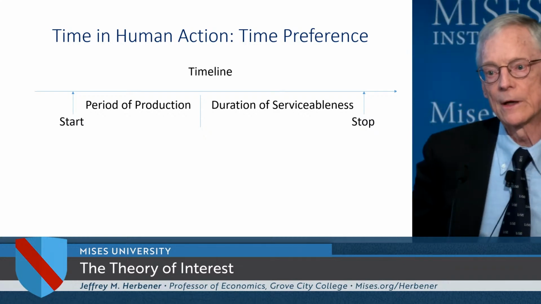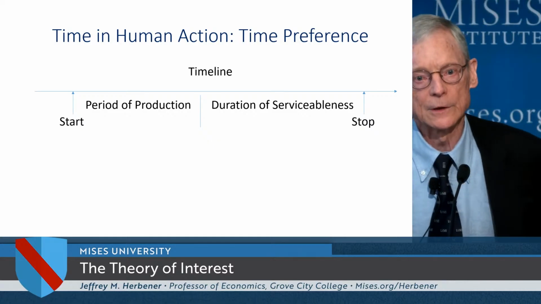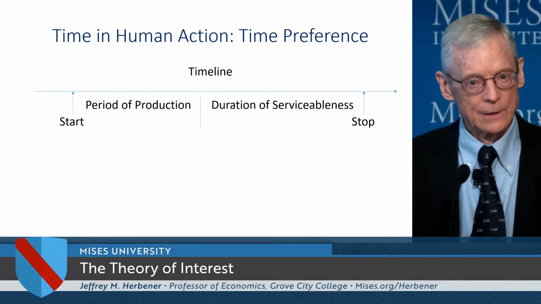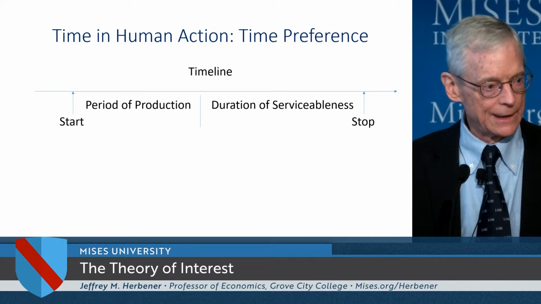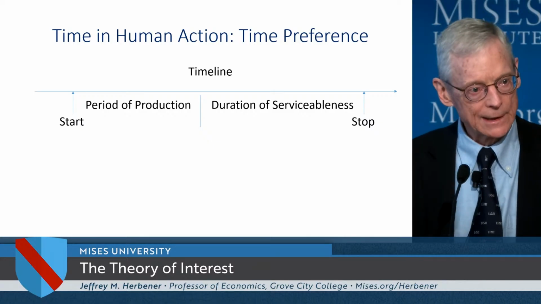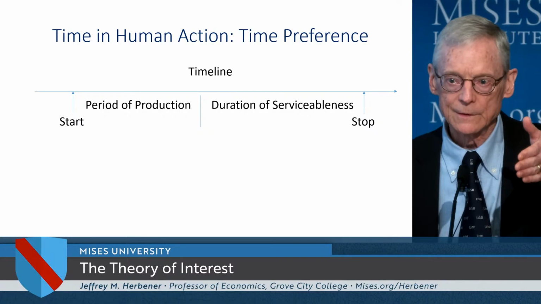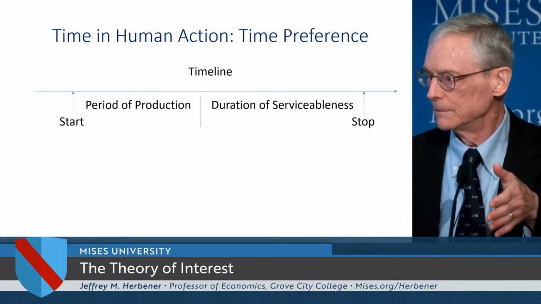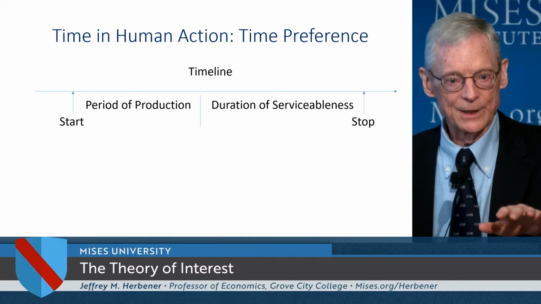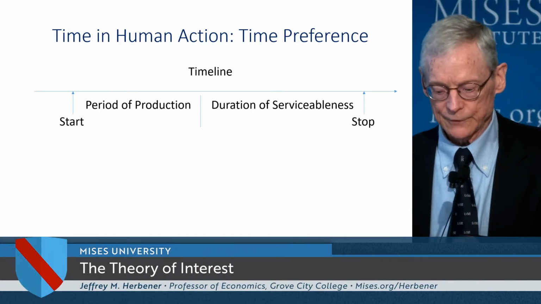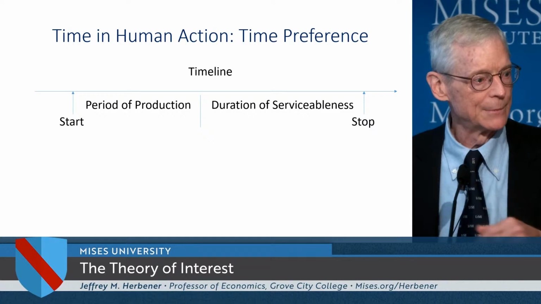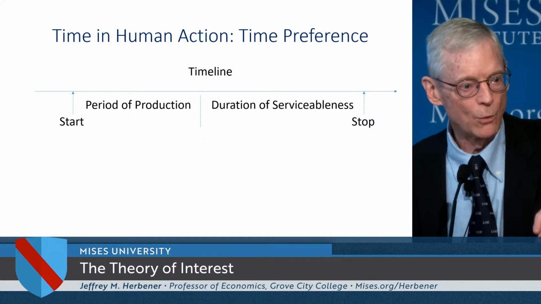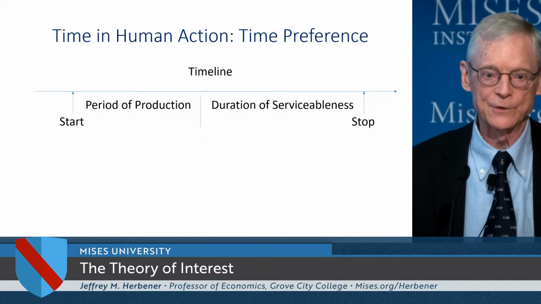Okay, so when we talk about time preference, the concept is looking just at each action. It's not looking at an action at different time frames. It's looking at an action that's already placed in the suitable time schedule. We're not looking at that element now. We're saying, suppose the start and the stop that I've got in this diagram has already been placed by the person where they want it in the flux of time.